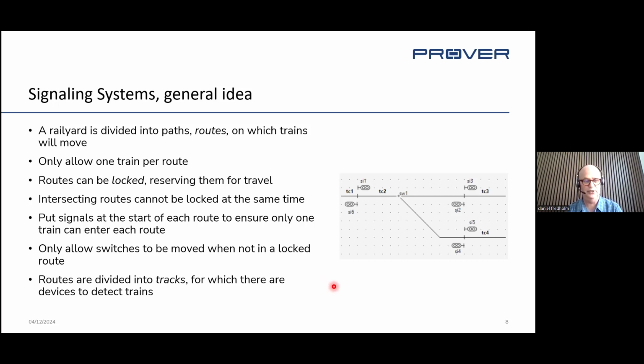And then for each such route, you only allow one train at a time. And that's how you avoid the collisions. There are, of course, more details here, but I'm not going to dwell on those more. I think you know enough to get the general idea.